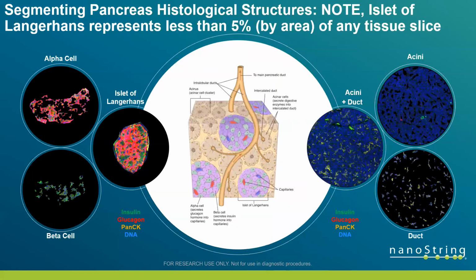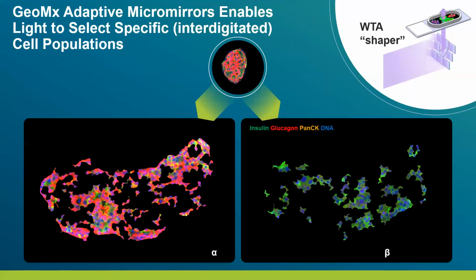So one example that we always like to highlight when we're thinking about the value of really looking at specific cell populations is this example of the islets of Langerhans across pancreas tissue. Within this particular study, we're able to segment to uncover interdigitated cell populations across alpha and beta cells within these islets of Langerhans. And not only are we able to understand the specific readout of these interdigitated cell populations, we're able to parse through these alpha and beta cells using these adaptive optics and select morphology markers.